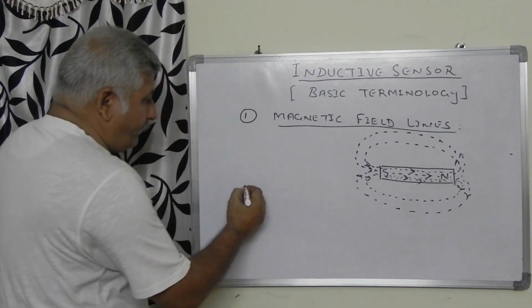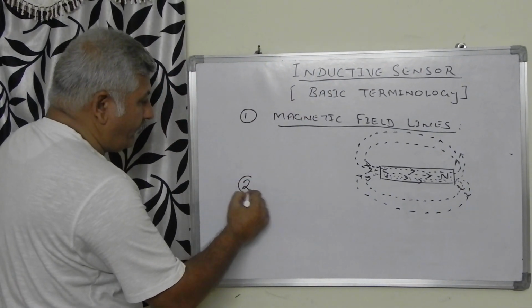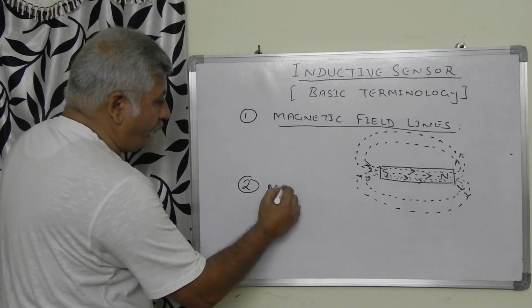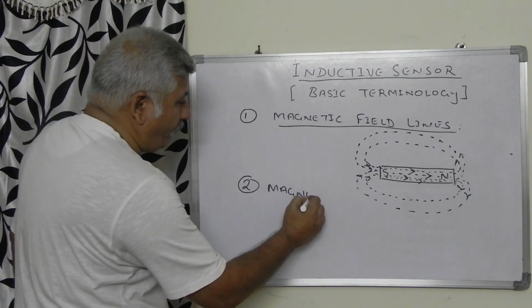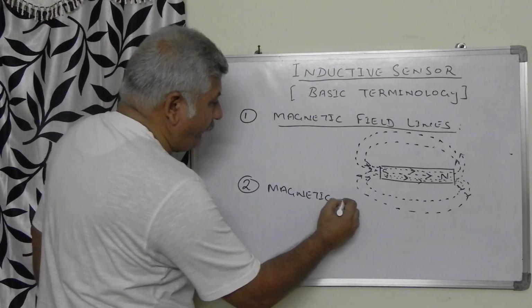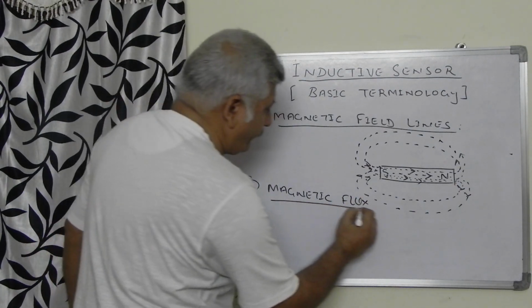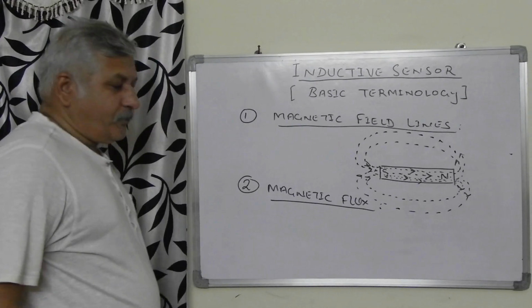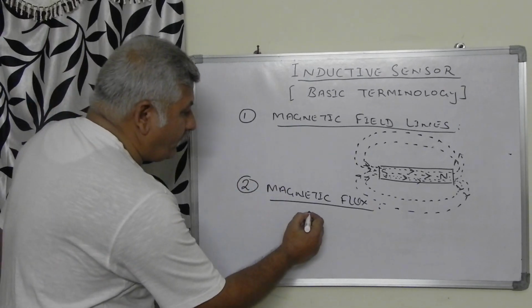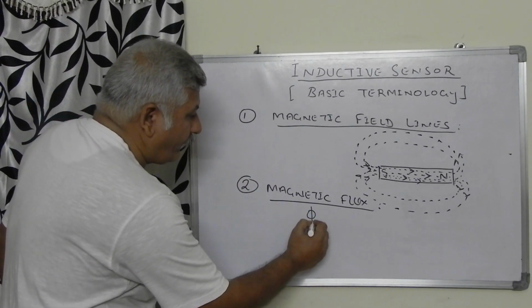Now there is another term, magnetic flux. This magnetic flux is denoted by phi.